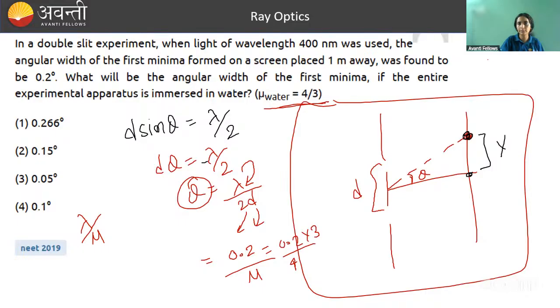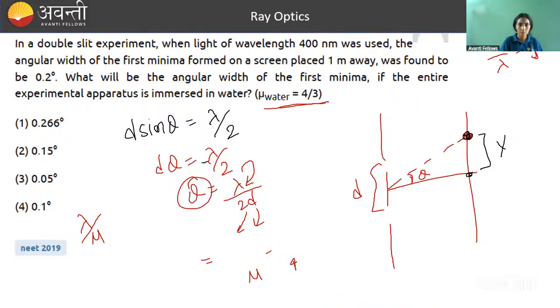Because velocity by lambda is your frequency. Sorry, frequency. So when the media changes, what happens? Frequency remains constant. And okay, we need to check. How can we do this? Yes, that is correct. But I got stuck somewhere. I don't know where. So lambda we can write.